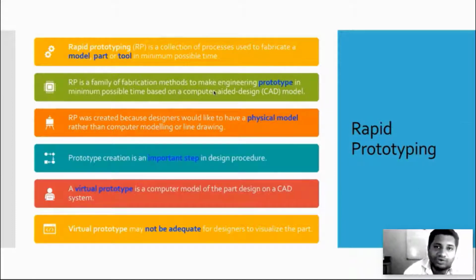So I am always going to prefer a real product rather than a virtual prototype. The difference is very important: with a virtual prototype, I cannot do testing, I cannot physically see it, I cannot put it in the market and see how people perceive it. That is why normal rapid prototyping is preferred over virtual prototyping.